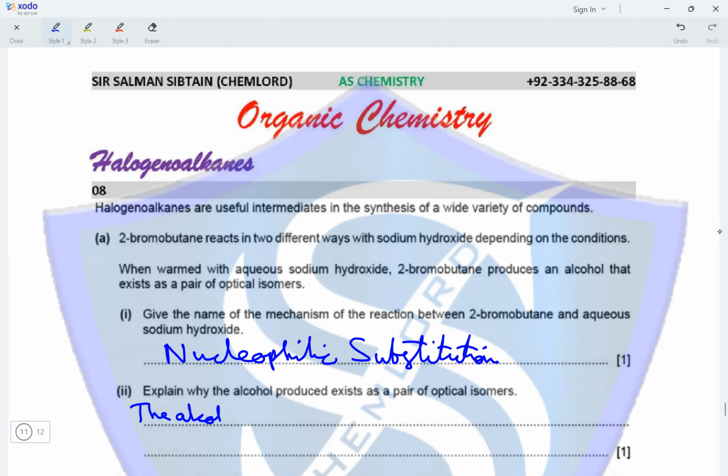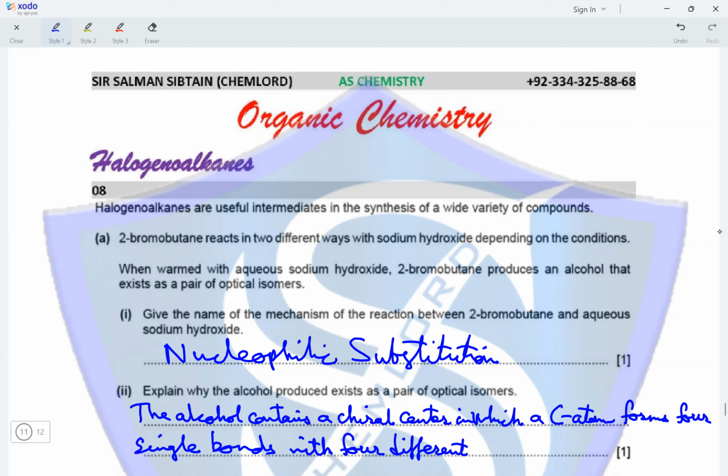The alcohol contains a chiral center, in which a carbon atom forms four single bonds with four different atoms or group of atoms.